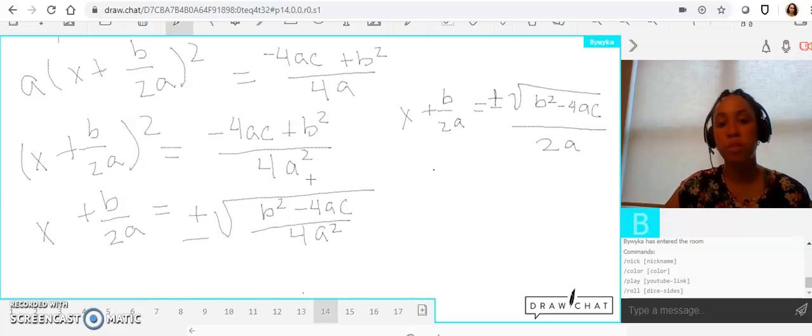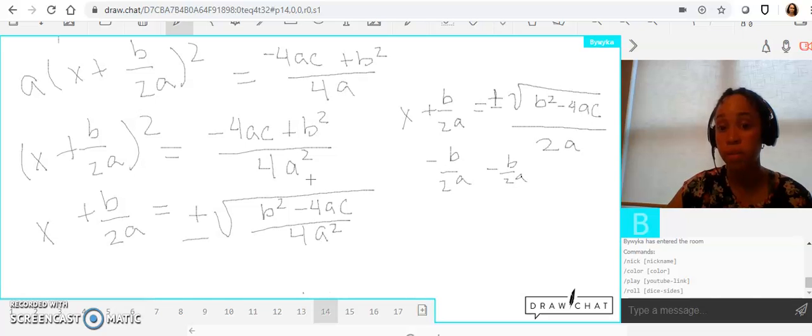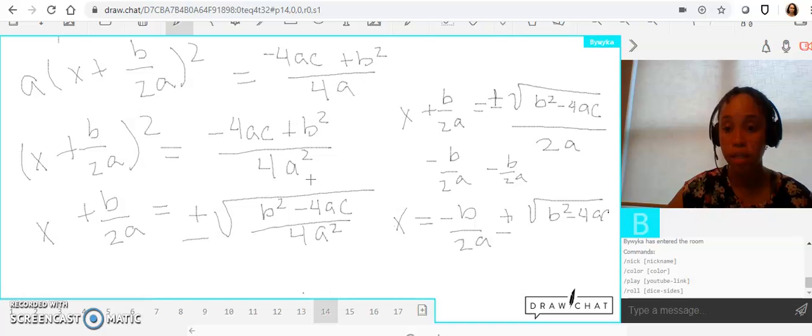So now x is almost alone. All I have to do is subtract this b over 2a. That's the only thing I have left to do. So I have x is equal to negative b over 2a plus or minus the square root of b squared minus 4ac all over 2a.